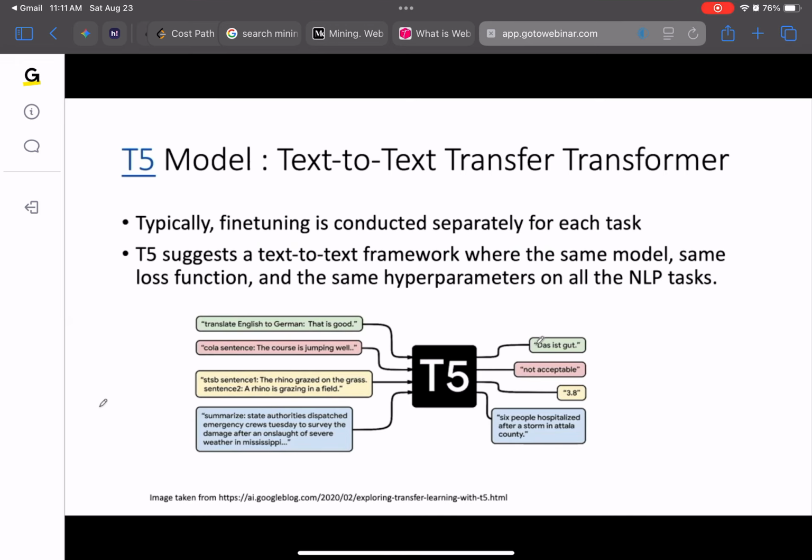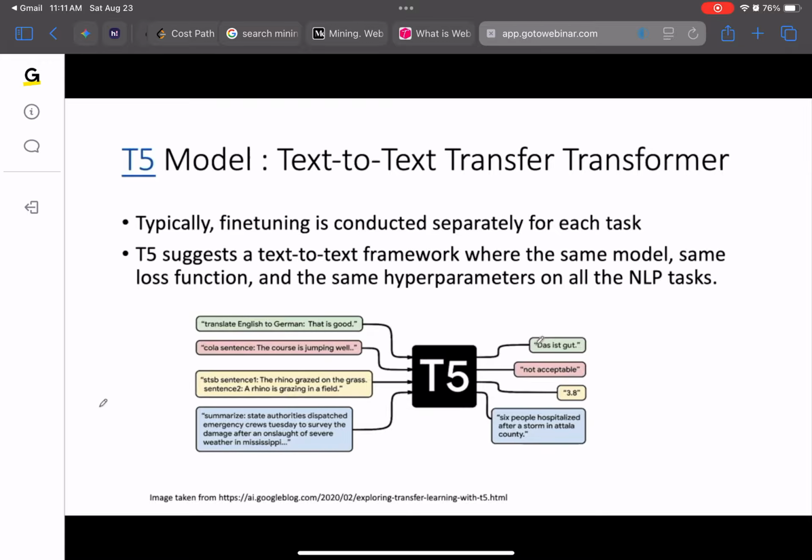In general, whenever we fine-tune these pre-trained models, we fine-tune on one task at a time. In the T5 model, what they suggest is, instead of fine-tuning on one task at a time, you do the learning for all the tasks at a time.